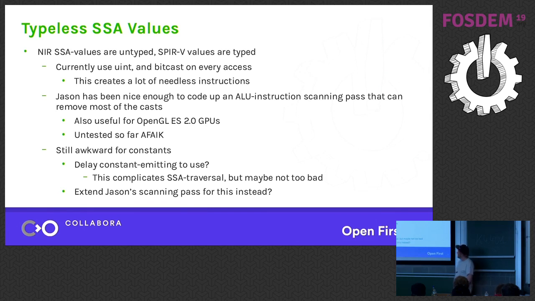Jason Ekstrand of Intel has been nice enough to create a prototype for a scanning pass that finds out which casts can be removed and replaces the different SSA values with typed versions. It doesn't work for all of the stuff, but it doesn't need to. It only needs to do better than nothing. Some constants are still problematic with that, but I can probably extend it. I haven't tested this pass yet because of time restrictions.